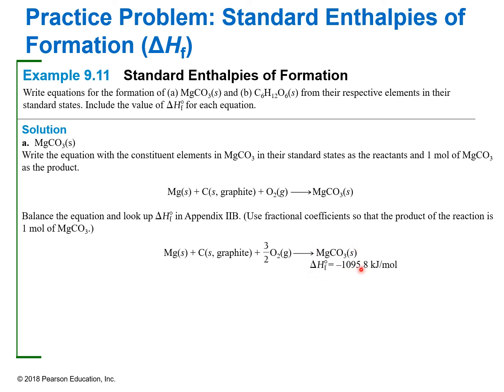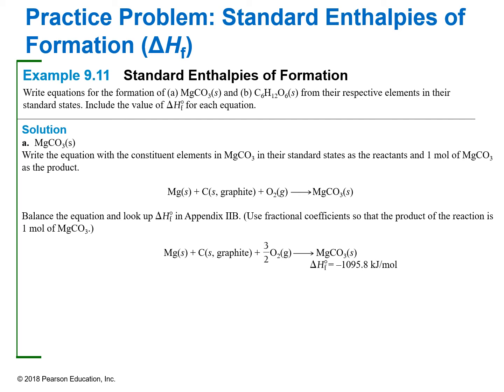Now, where did I get this number right here, this negative 1095.8 kilojoules per mole? There's a chart in the book. It's in Appendix 2. And you look up magnesium carbonate and you pull the value off and you plug it in. Chart usage. Hardest thing about this is writing the balanced equation. And we've already had that done. We've already worked through this stuff.